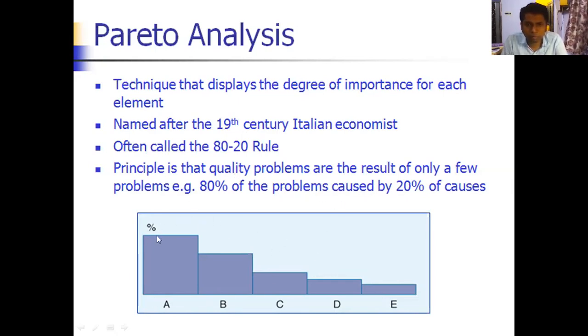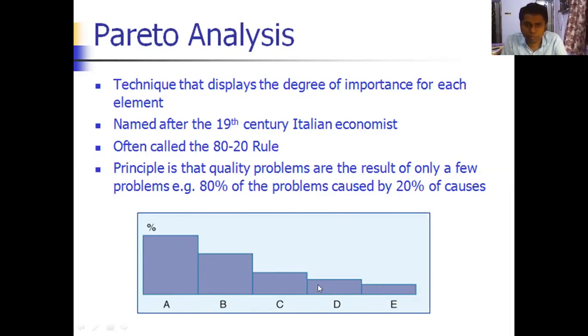you can see from this diagram that most of the quality oriented problems are caused by actually very few number of causes. Most of the quality problems are for very few number of causes, and that is why it is represented.